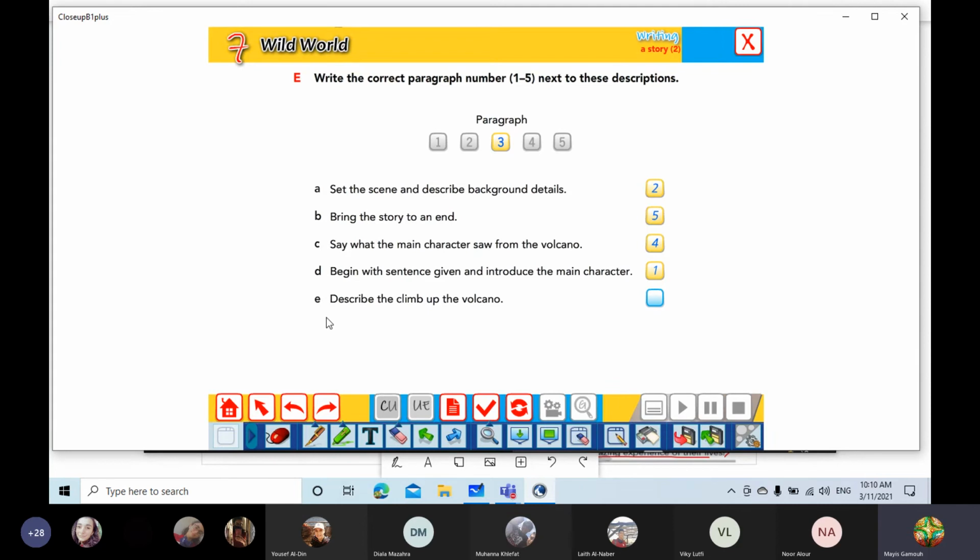Thank you, dear. And the last one, number 3, describes the climb up the volcano, how it started to go up regarding the hot steam, and it reached its top, its peak.